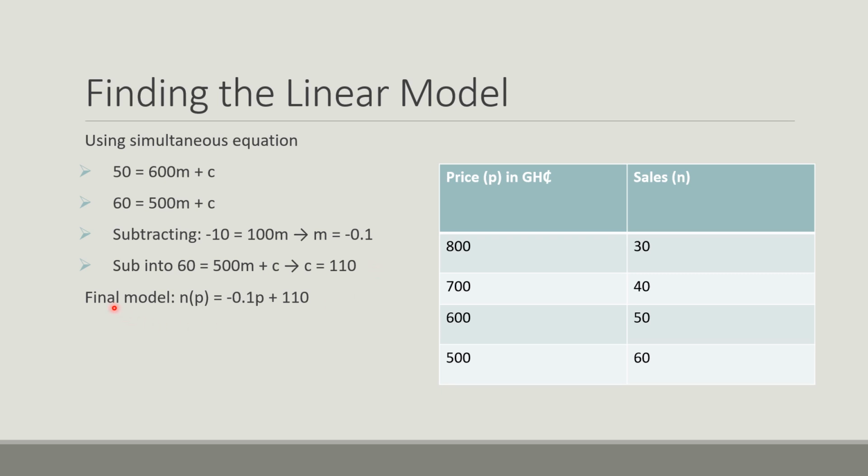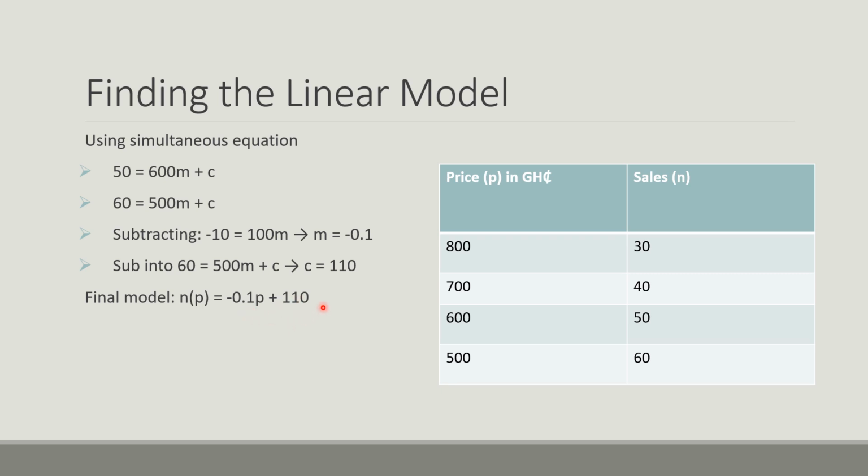So the final model is N equals minus 0.1P plus 110. Why? Because minus 0.1 represents the constant change that is happening between the drop of the sales units and the corresponding price.